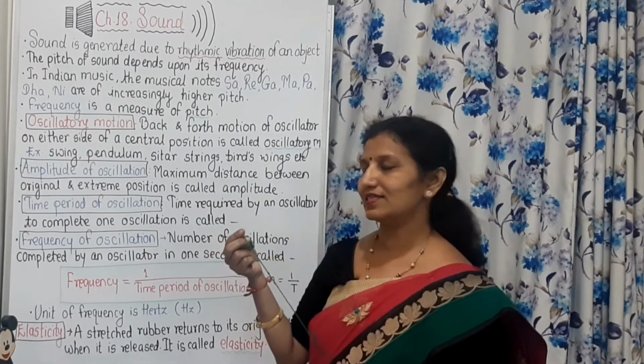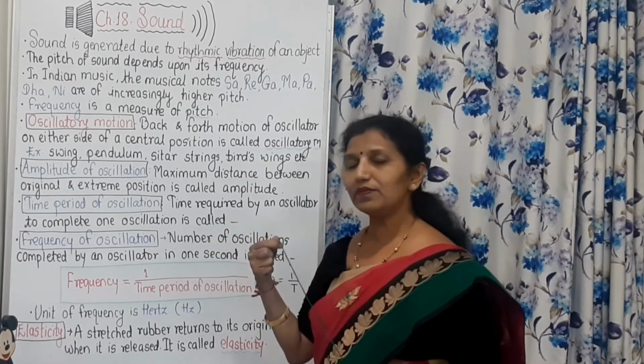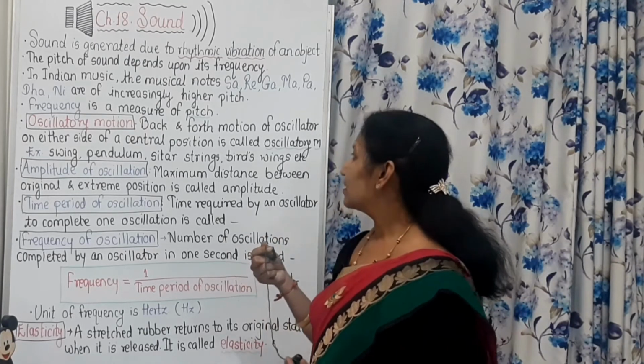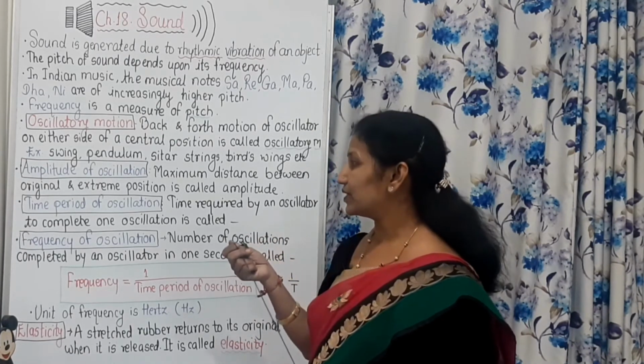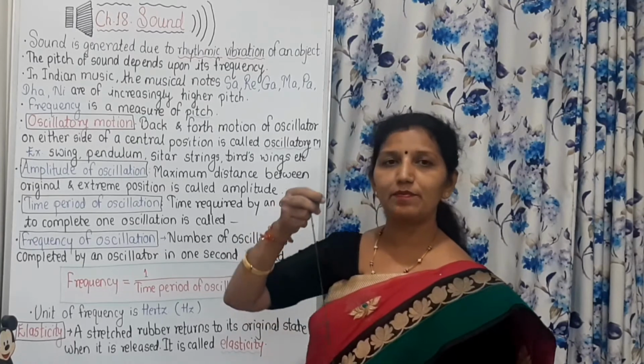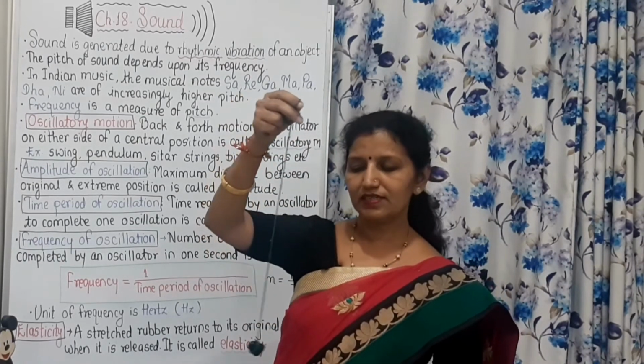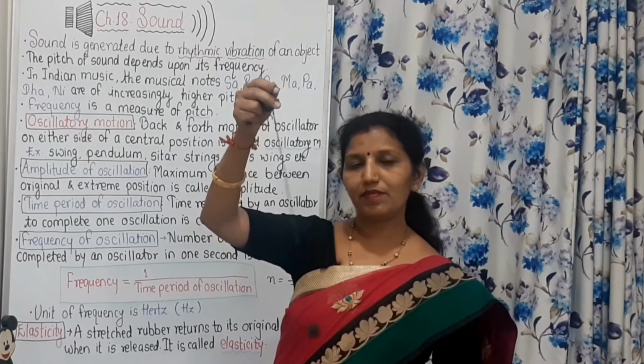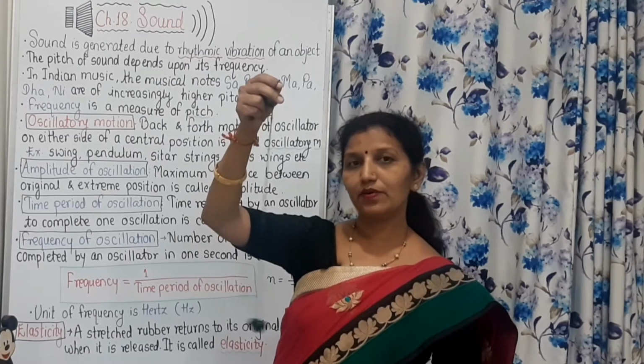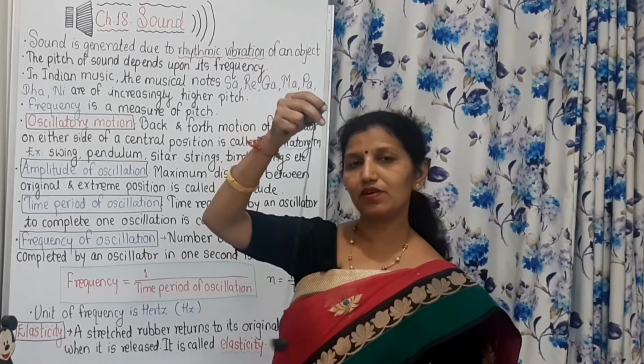It is very easy. Amplitude of oscillation, what is it? Maximum distance between original and extreme position is called amplitude of oscillation. See, the maximum distance between original to extreme position is called amplitude.